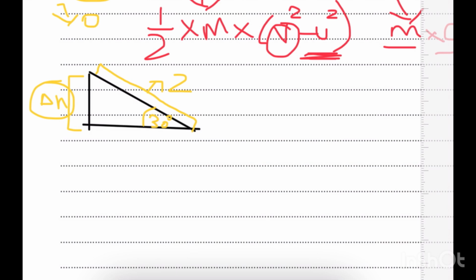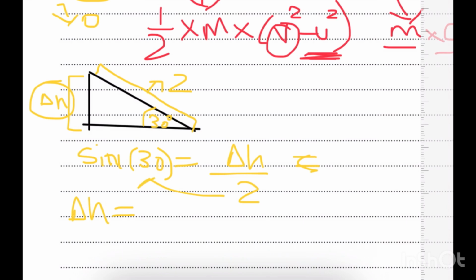We have three trig formulas: the sine, the cos, and the tan. Sine theta is the best fit, since sine 30 is equal to the perpendicular, which in this case is the change in height, over the hypotenuse, which is 2. So change in height must be equal to 2 times sine 30, and that is equal to 1.